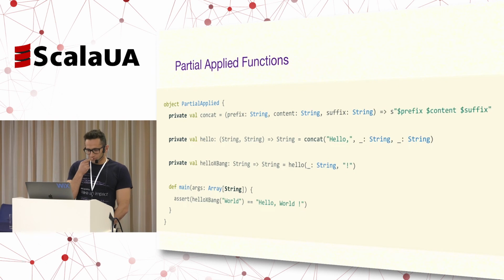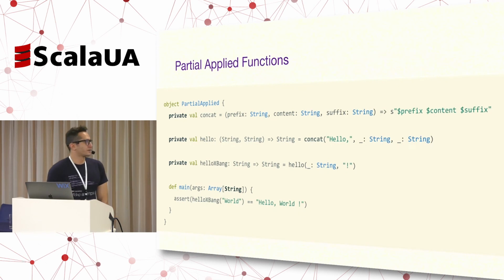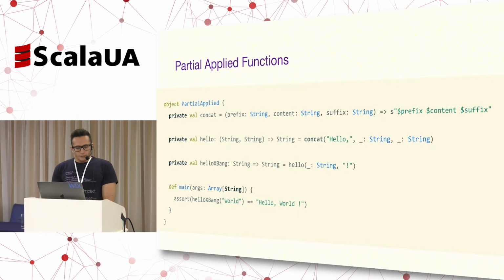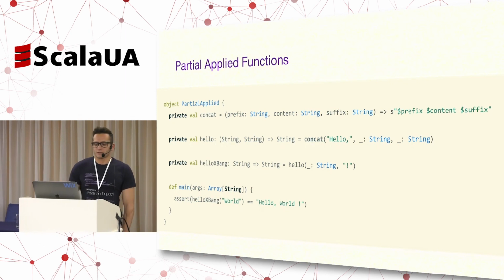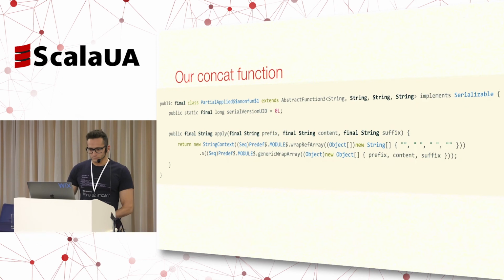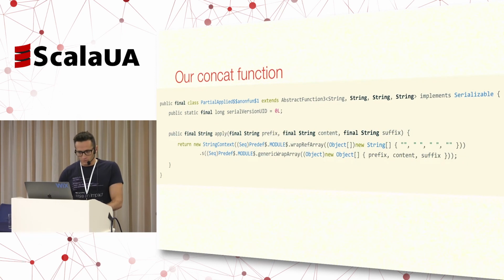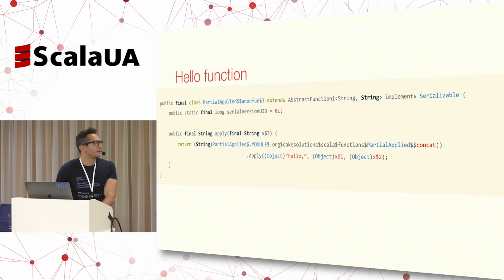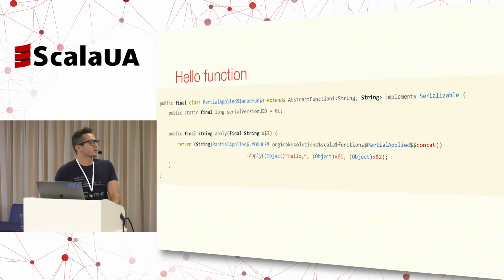So how does the Scala compiler support this feature? The compiler will generate a new class for each function that we create with this technique. So this is our concat function after it's been decompiled, the original one. And this is the hello function, the one that we passed two placeholders to.